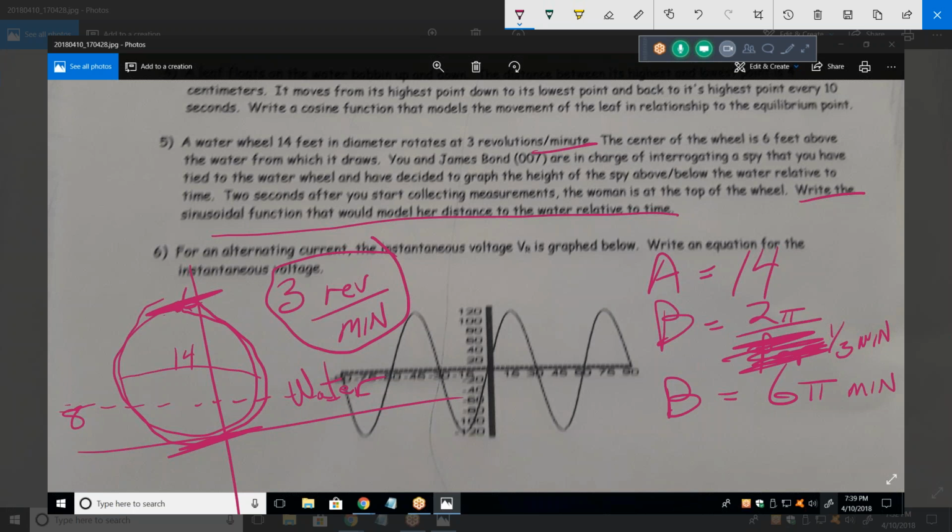Let's talk about D. That's the next easiest thing to figure out. Okay. Well, if this water wheel was at the origin, it would look like that. And D would be 0. But it doesn't look like that. It looks like this.